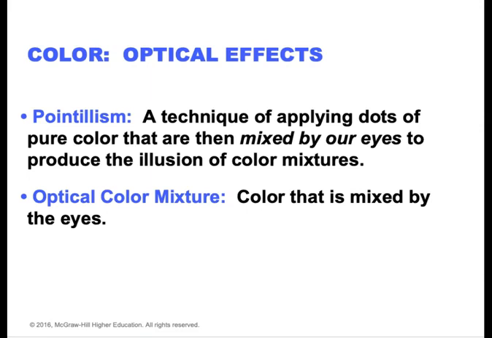So the artist just applies dots of color, and our eyes do the mixing. So we will call what's happening, the process, optical color mixture, color that is mixed by the eyes. This is done by artists who are really kind of obsessive about color, like they just are fascinated by what our eyes do when we absorb color in our eyes and what we see. And they use that as their way to make art.